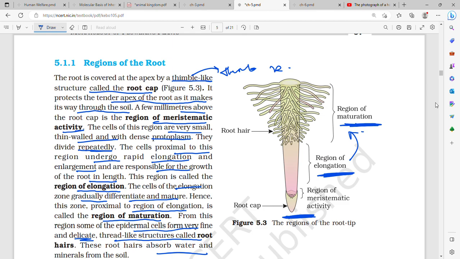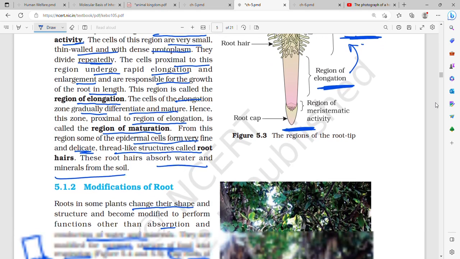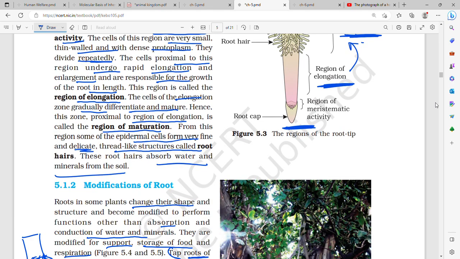From this region, some of the epidermal cells form very thin, fine, delicate thread-like structures which are called root hairs, and these root hairs help in the absorption of water and minerals from the soil, and they increase the surface area for absorption.